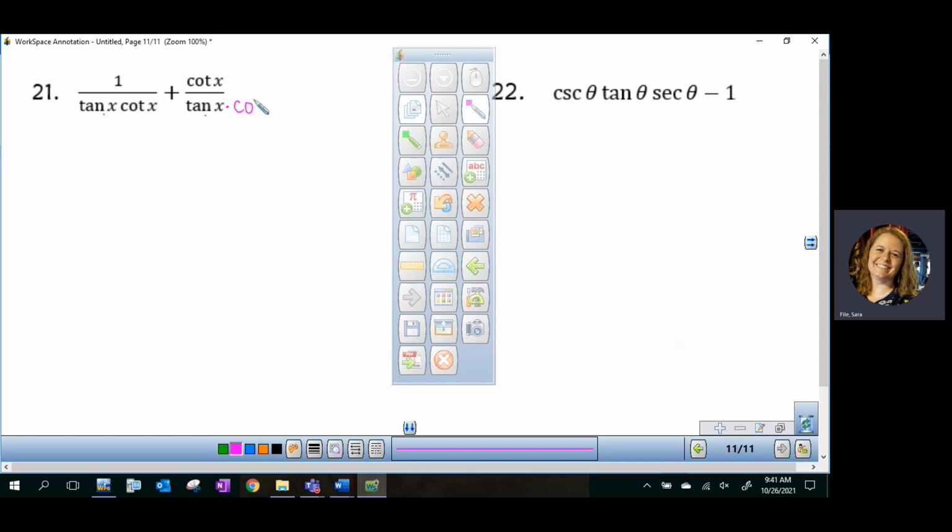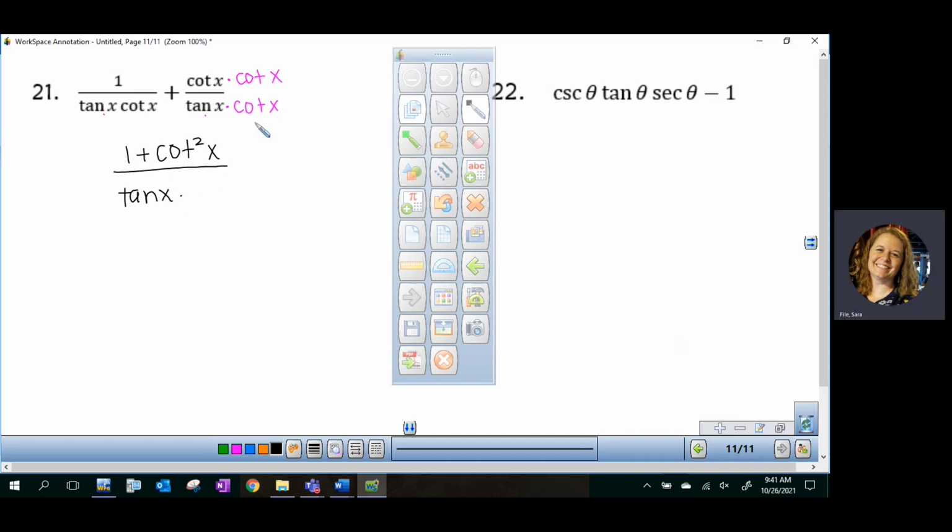So I can add that pretty simply by just multiplying by cotangent. Okay, so that's the first thing I'm going to do, is get a common denominator. When I do that, in my numerator, I get 1 plus, and then that becomes cotangent squared, right? Now the denominator is now tangent times cotangent.